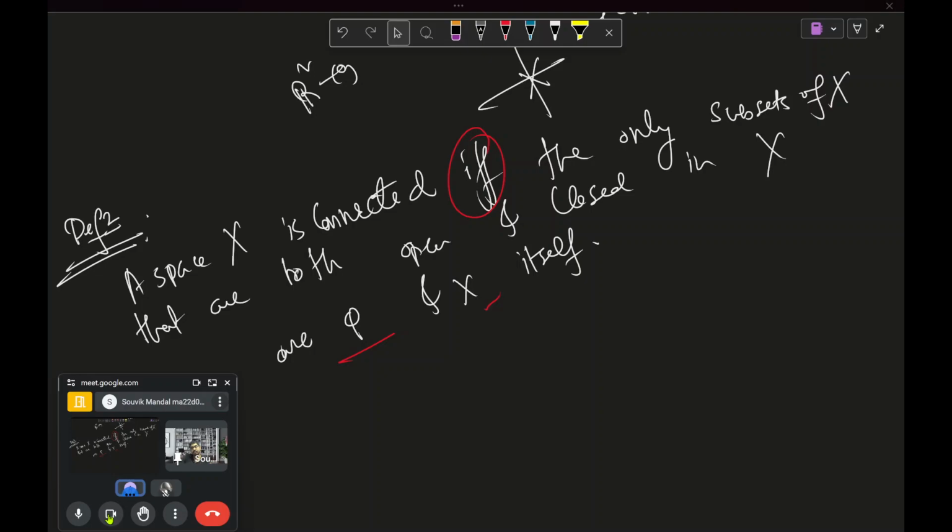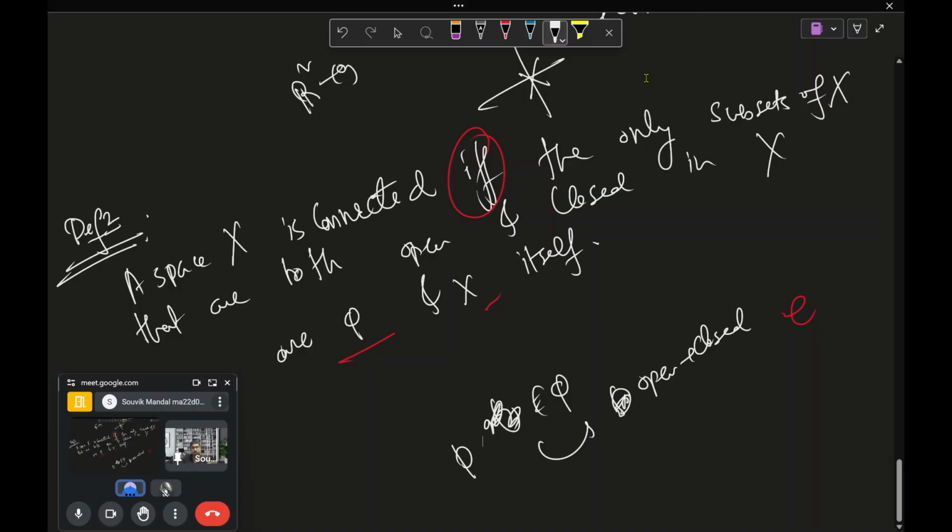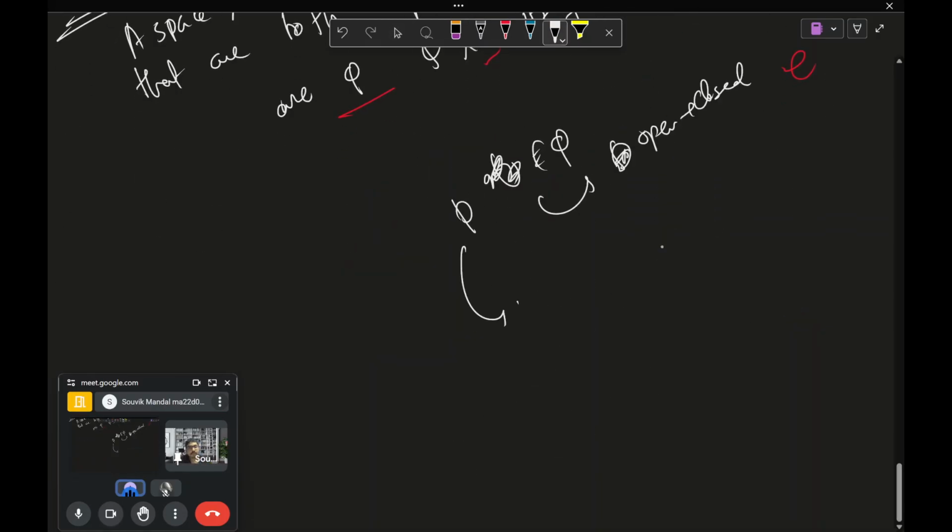If we assume that X is connected, and let us take a non-empty proper subset of X, which is both open and closed, say the set is A. Because it is closed, its complement is open, and the complement would simply be X minus A. So we have successfully produced two sets, the set and its complement, which are both open and closed in the space, which would form a separation.